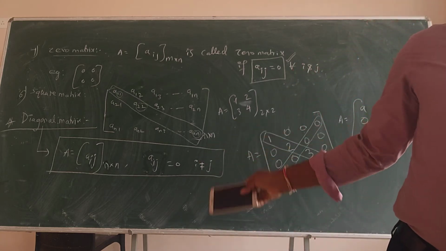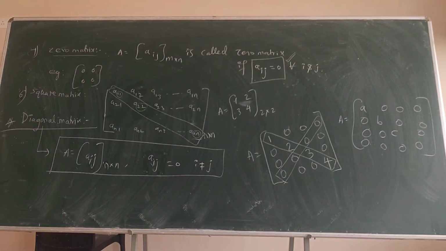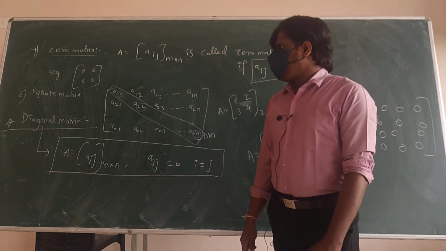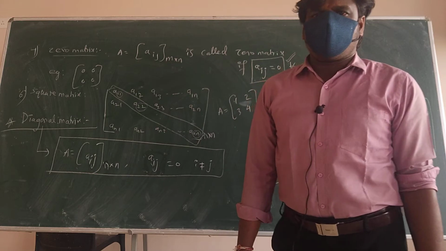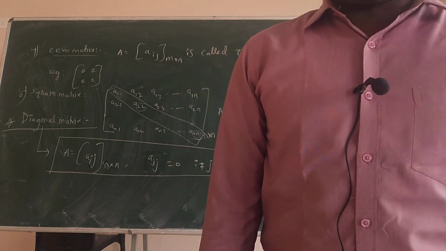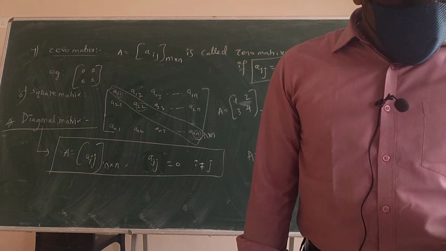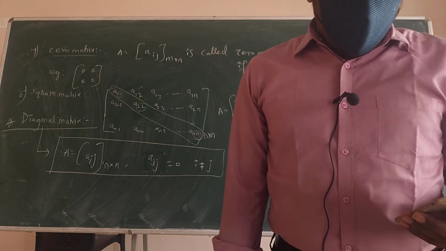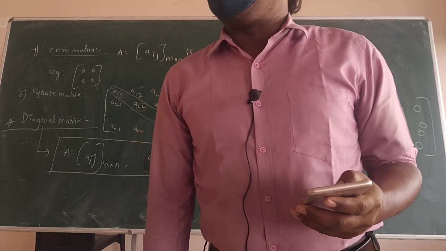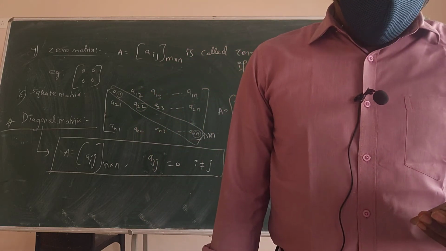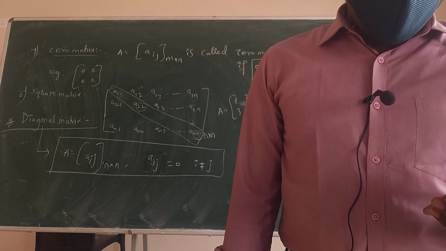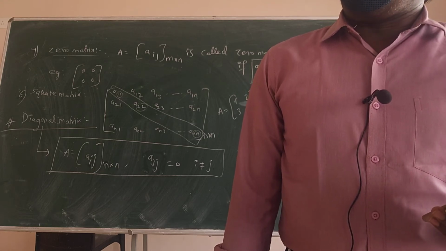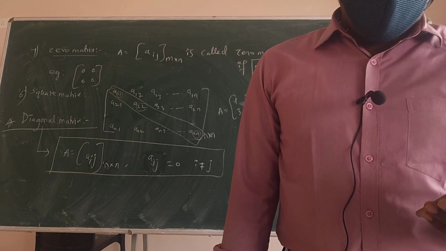Example. Principal or leading diagonal. The elements A11, A22, A33, and so on up to Ann are called diagonal elements.